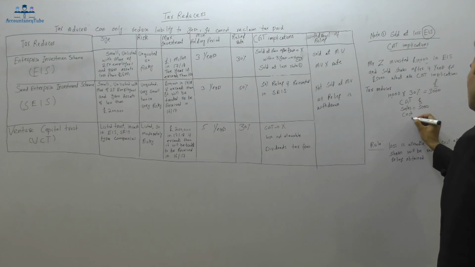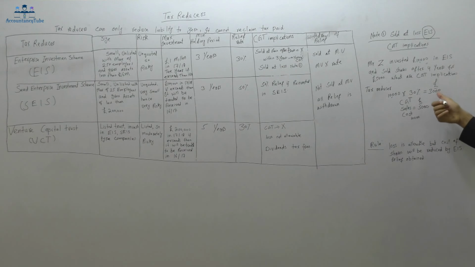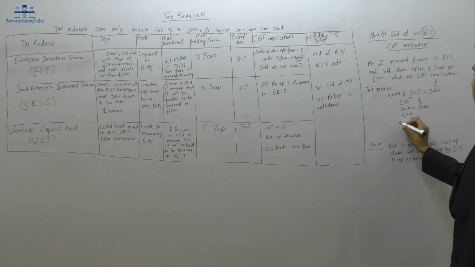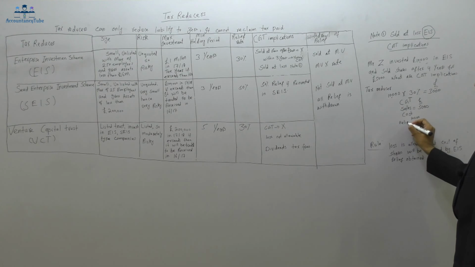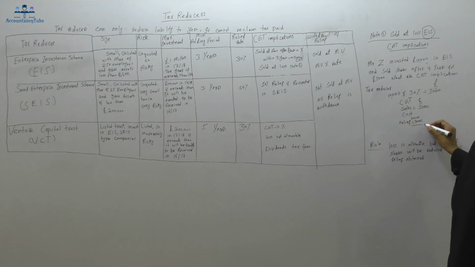So we'll write down the cost here, which is £10,000. Now this cost will be reduced by the relief already obtained. So how much was the relief? The £3,000 of relief which he already obtained will be withdrawn, and it will reduce the cost. So the remaining cost here will be £7,000.